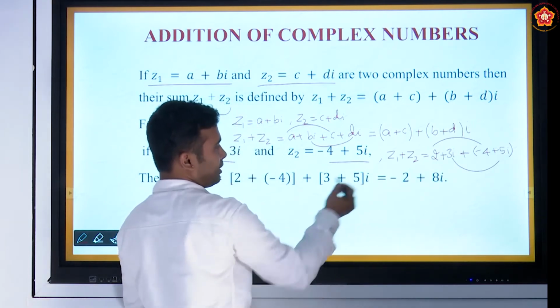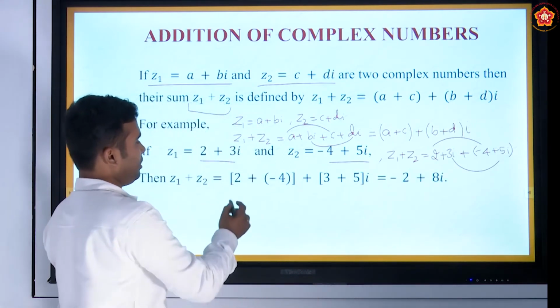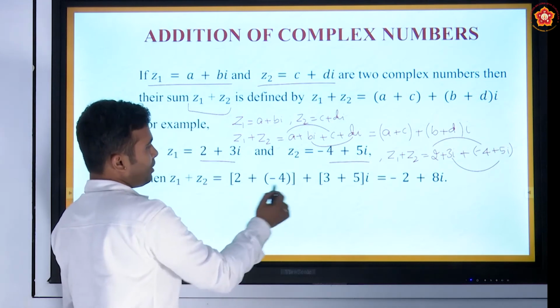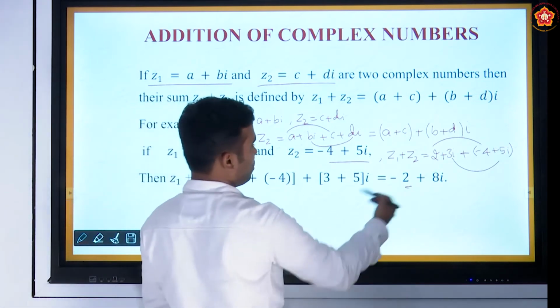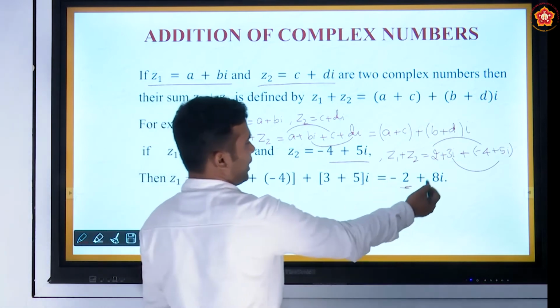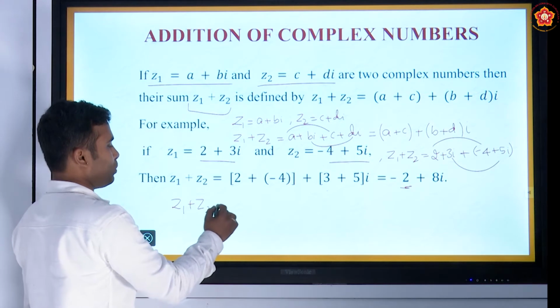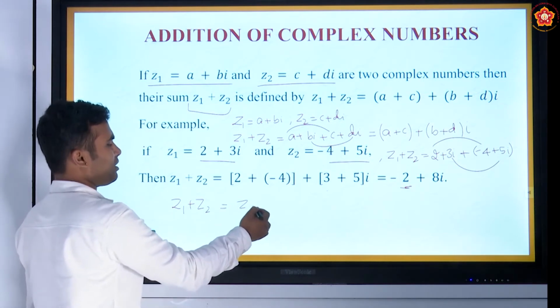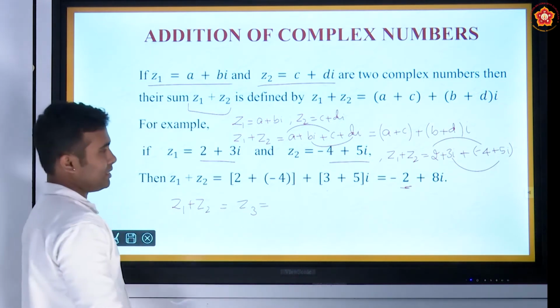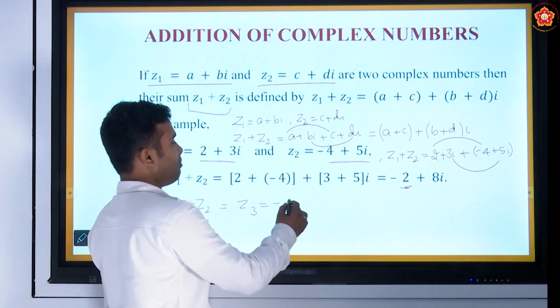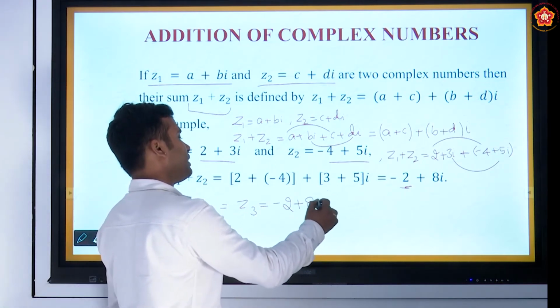Then it becomes 2 minus 4 is minus 2, and 3 plus 5 is 8. Therefore, z1 plus z2 is equal to, you can represent it by another number as well, say z3, minus 2 plus 8i.